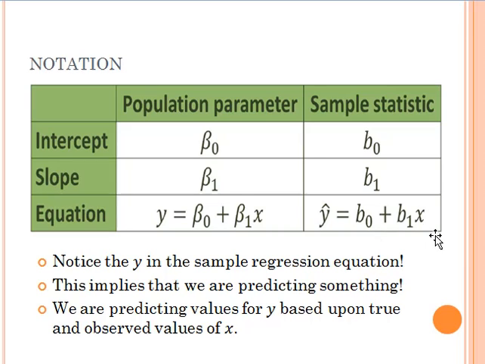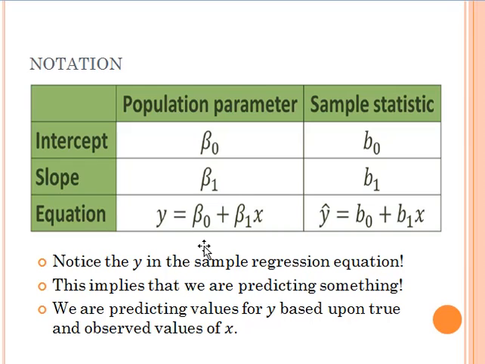So you will note here that y hat is the sample regression equation, right? This sample regression equation involves intercept as well as slope. This implies that we are predicting something because we have some independent and dependent variables here.